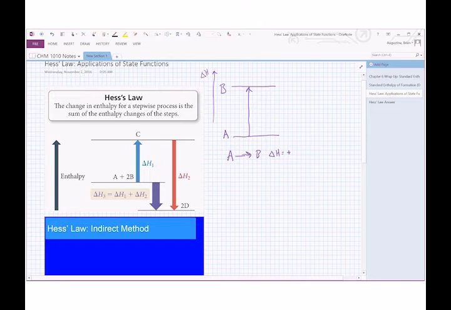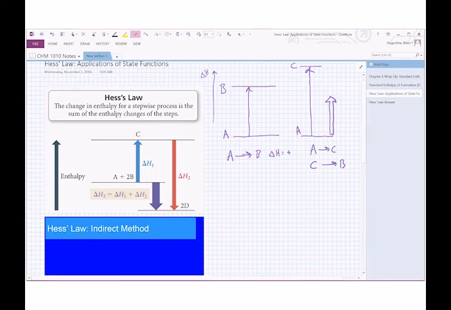But what if there's some other reaction or series of reactions where I could go from, let's say, A to C. So this would be A goes to C, and then I can go from C goes to B. All right, and then in effect, the difference between these two is, well, I should have drawn this correctly, sorry about that.